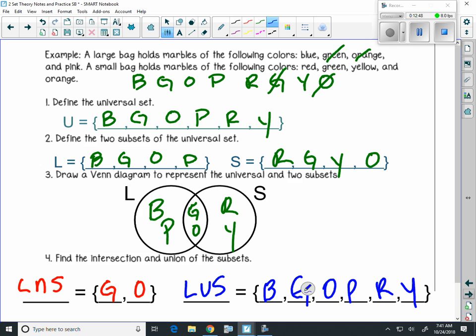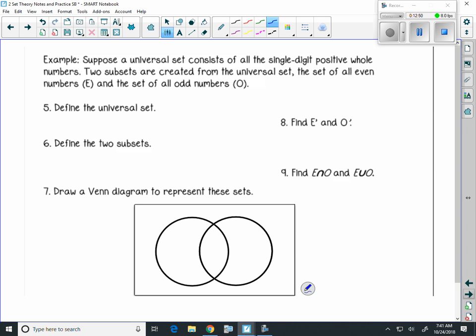All right, let's deal with some numbers here. Most of the time we're going to be dealing with numbers and not letters. That was just a letter. Suppose a universal set consists of all single-digit positive whole numbers. So we're going to say U equals. What do I start at, if I'm talking single-digit positive whole numbers?